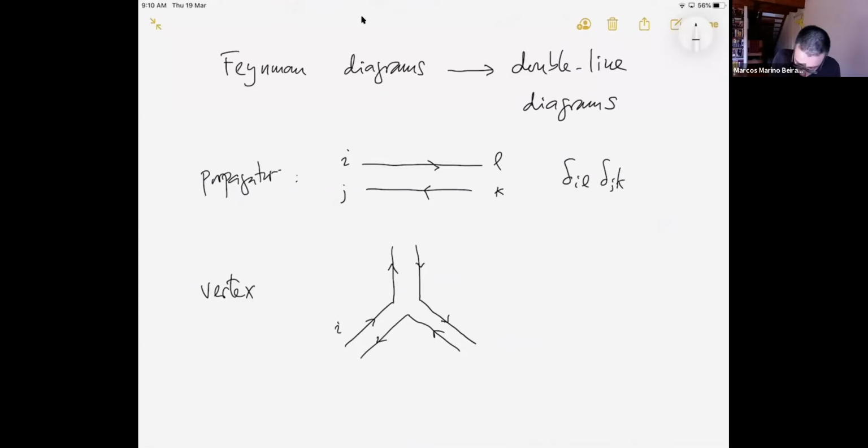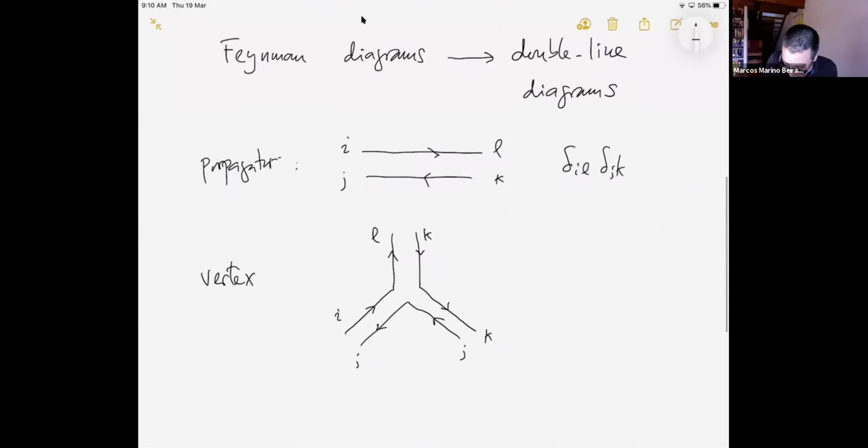And then we label the lines like this, okay? So essentially, the structure of perturbation theory is very similar to what we did in the case of ordinary variables, but we all have now this double line notation.